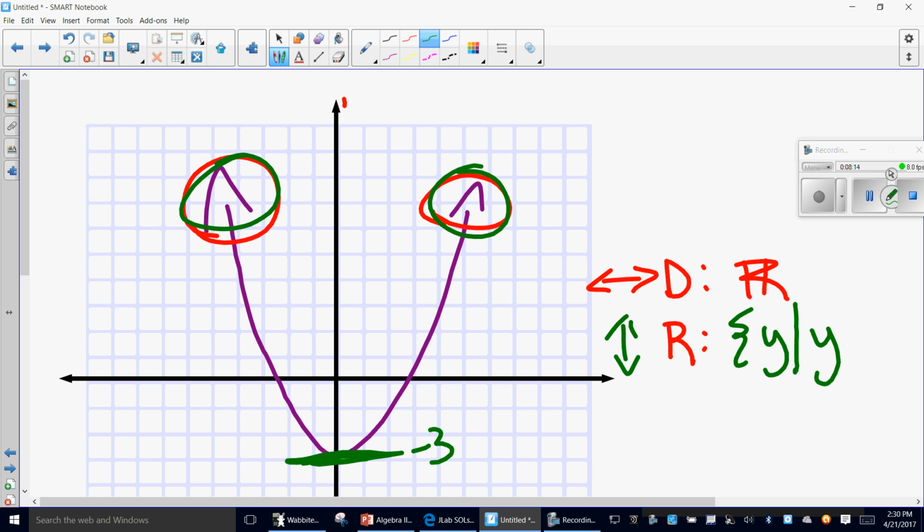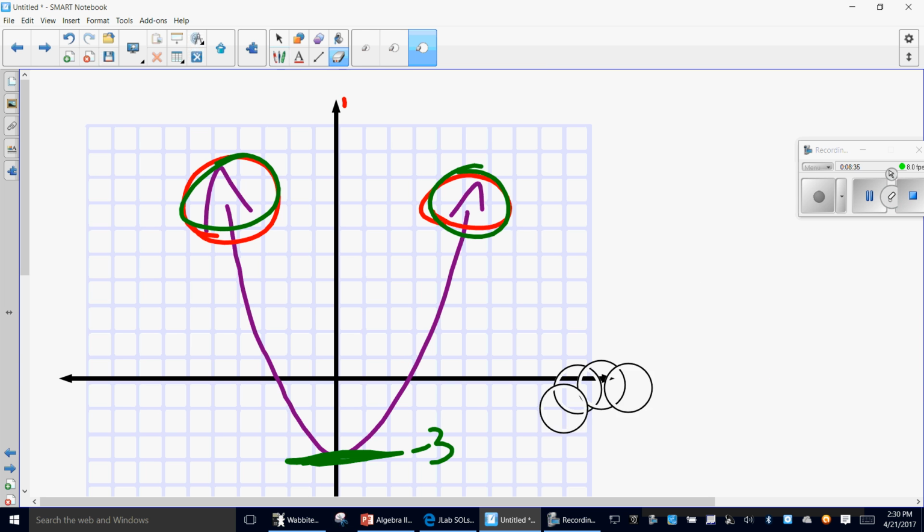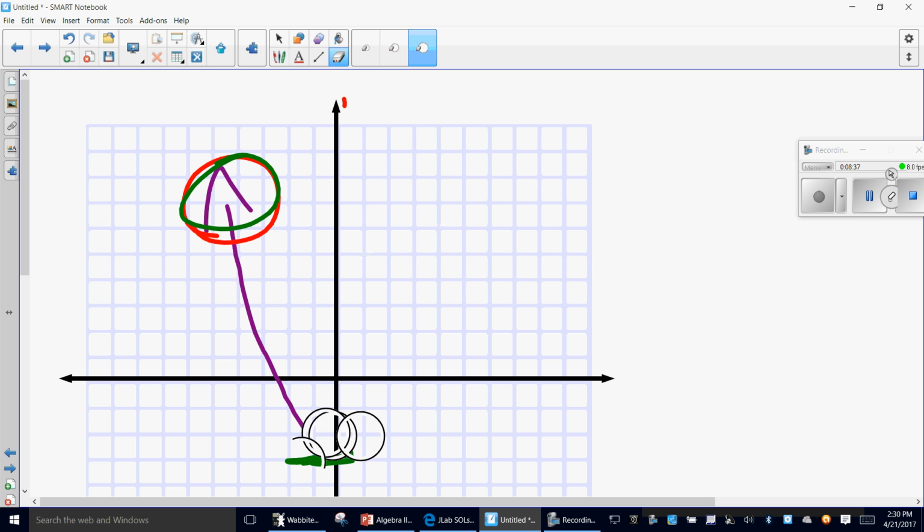Because it's above it, we would say greater than or equal to -3. What if it were below it? Then it would be less than. If it's above it, it's greater than. Okay? So let's look at another one. Let's just do a bunch of these so that we get the idea of it.